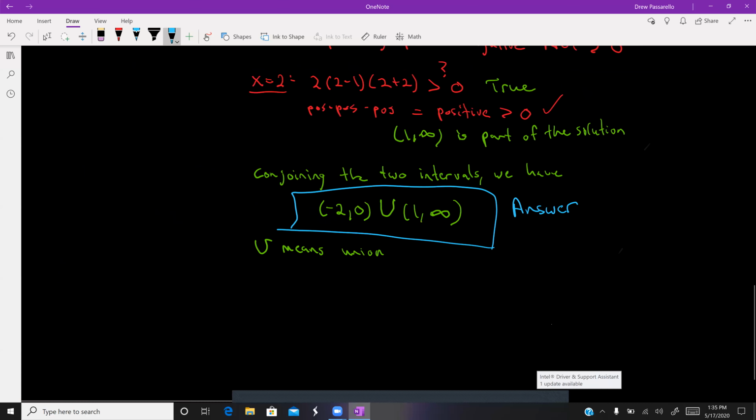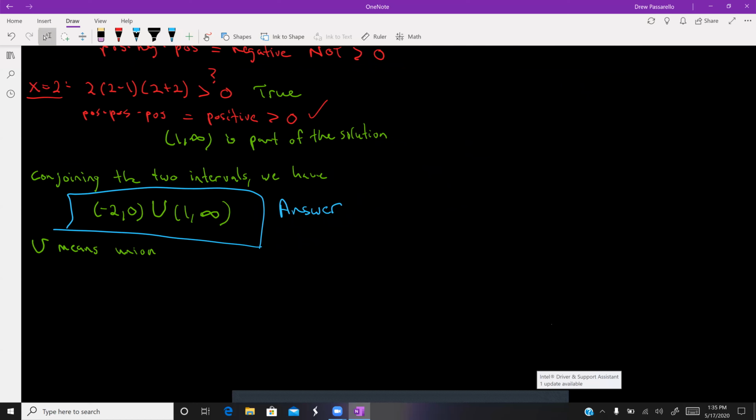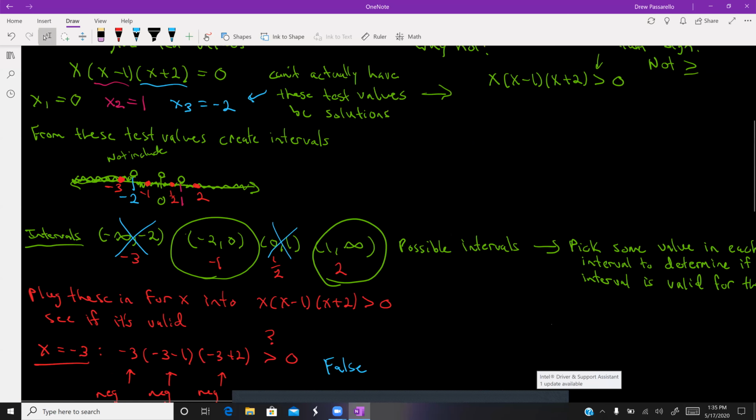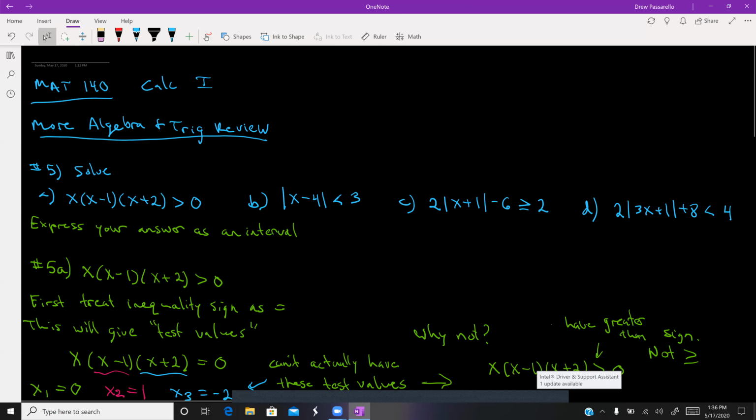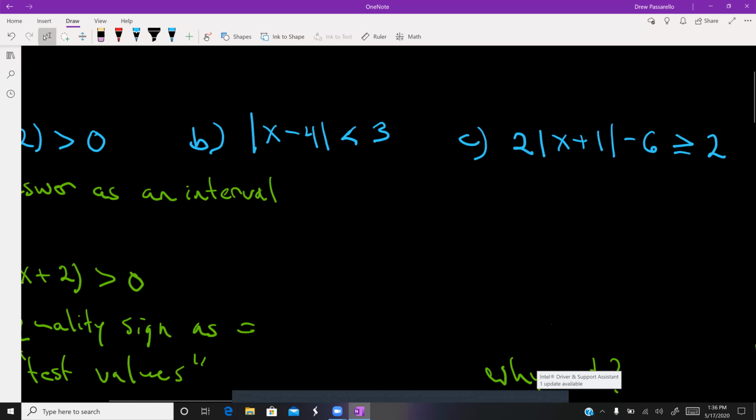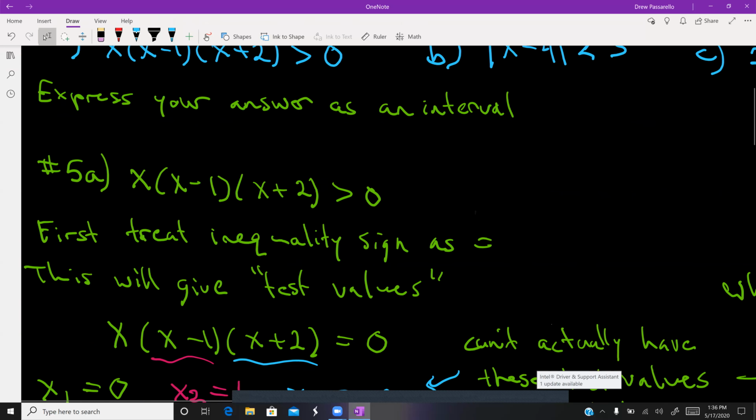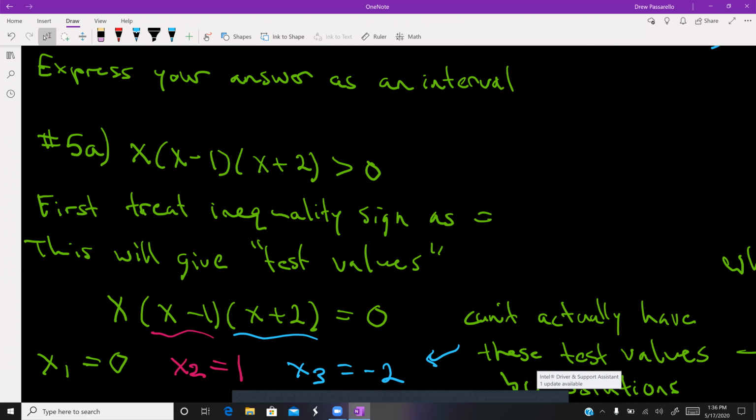All right, so to recap what I just did, I did this real in depth as far as writing the steps. So this was the problem. What I did first was I treated it as an equal sign. That will give me what I call test values.